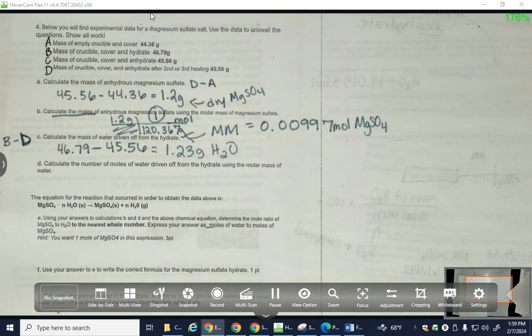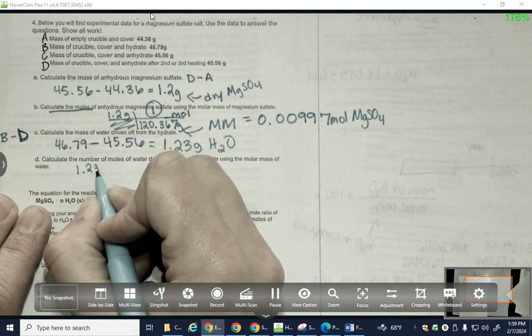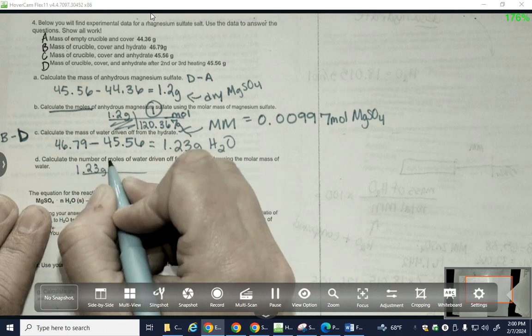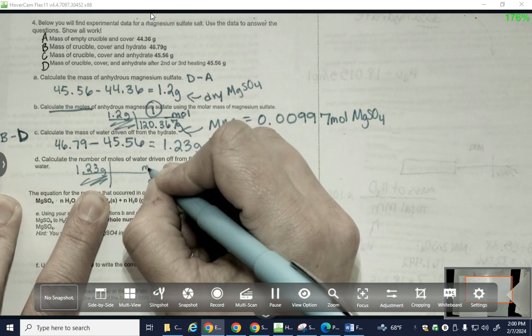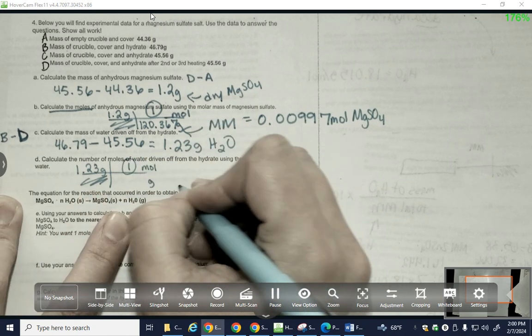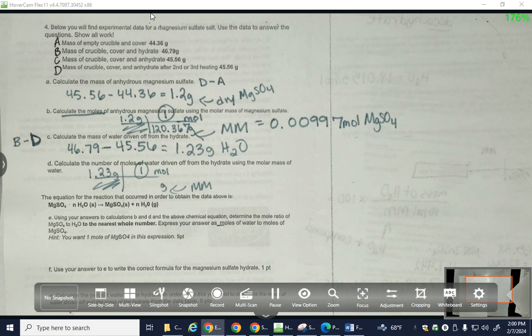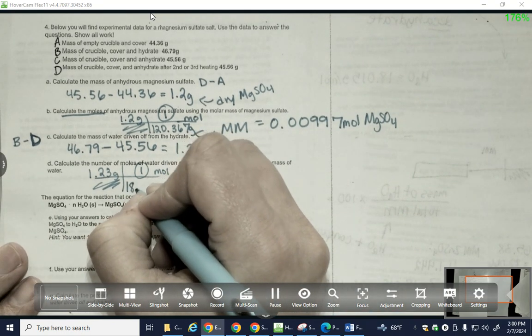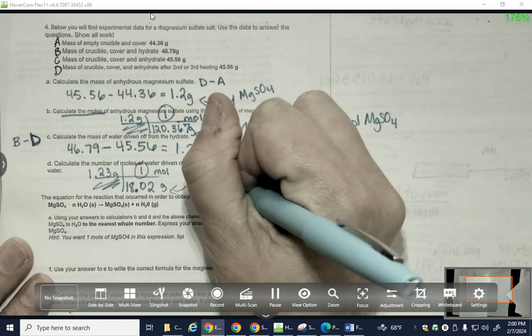So now I'm going to convert that to moles. Okay, so I'm going to start with what I have, 1.23 grams. Bring my words down to the right, convert to moles. So that's my 1 mole is equal to the molar mass of water. Molar mass of water, what is it? Yep, 18.02 grams. Okay, so 2 hydrogens plus an oxygen.